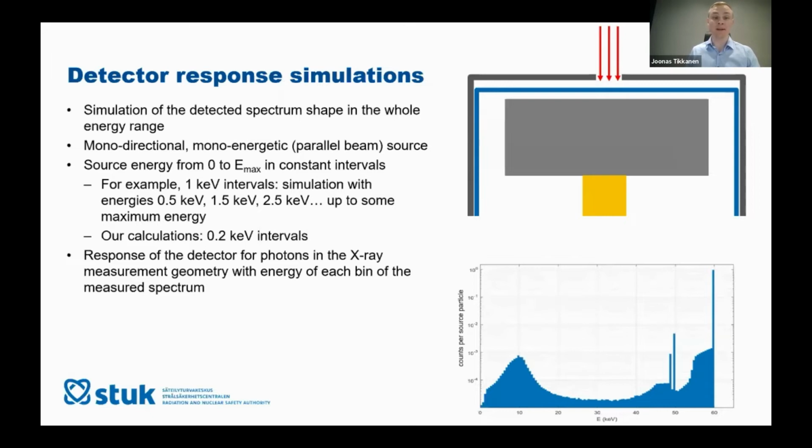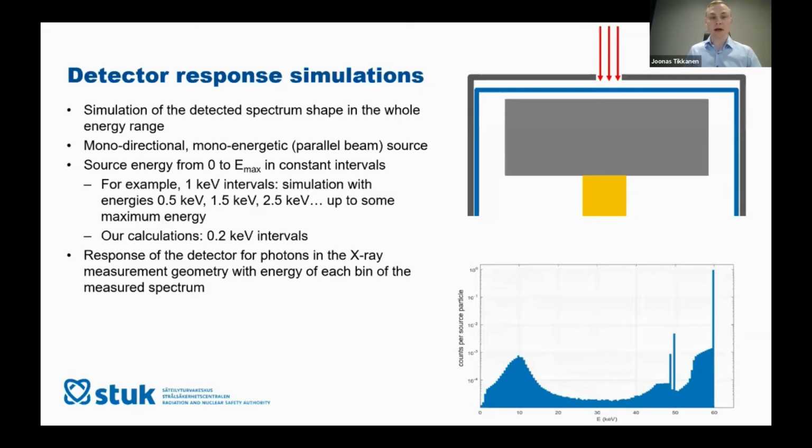For example, 99.5 kV if you're interested to measure up to 100 kV. And this bin size needs to be quite small. If you are looking at these low voltage qualities, for example, in our calculations, we use mostly 0.2 kV intervals, which means that you need to make quite a lot of different simulations.